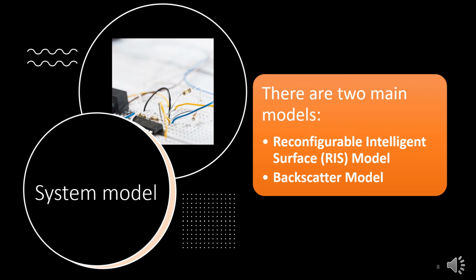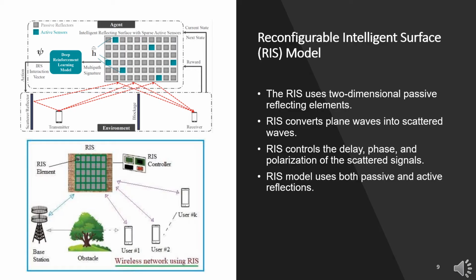We will be talking about the system models. First, we have the IRS model, which depends on both passive and active reflections, and the second model, which is the backscatter model, which only depends on passive reflections. First, we will talk about the reconfigurable intelligent surface model. It uses two-dimensional passive reflectors.